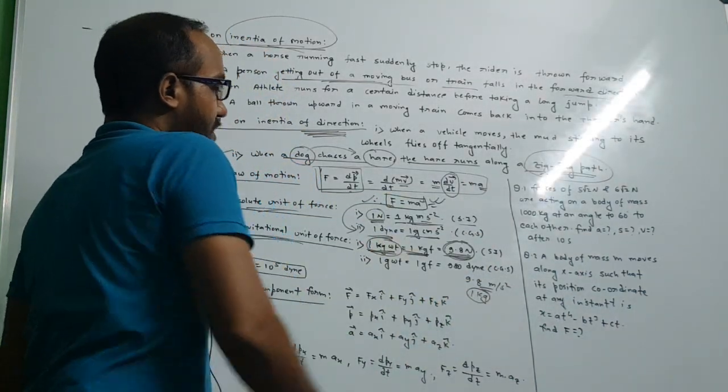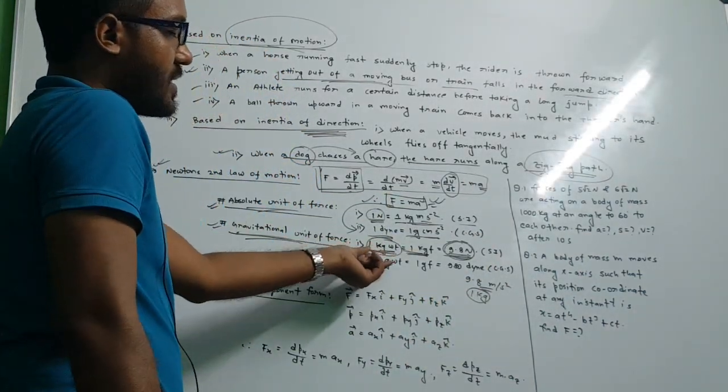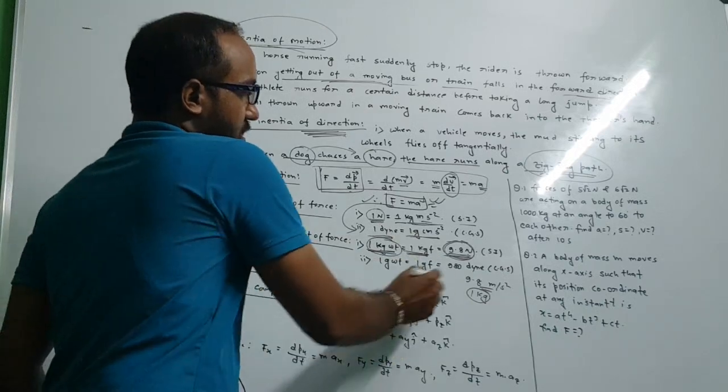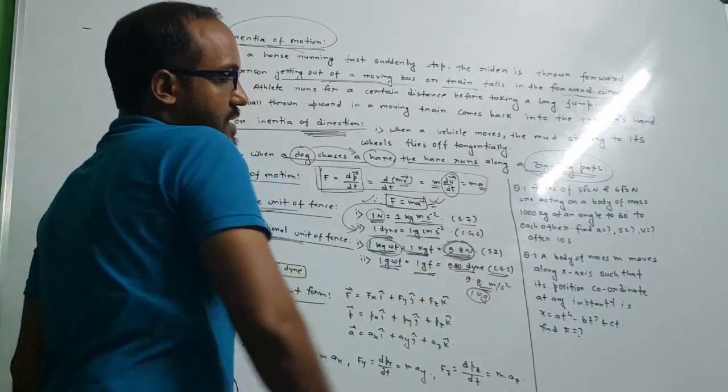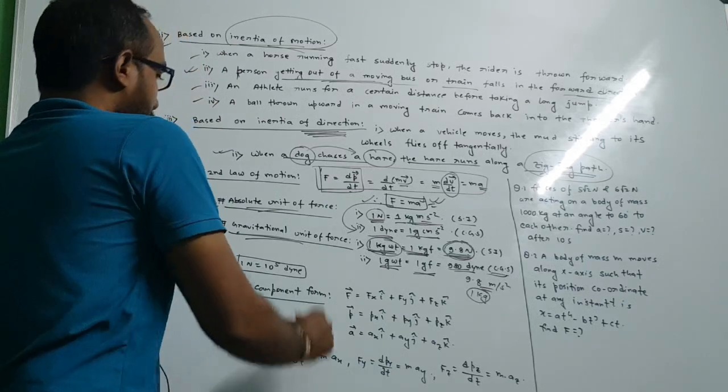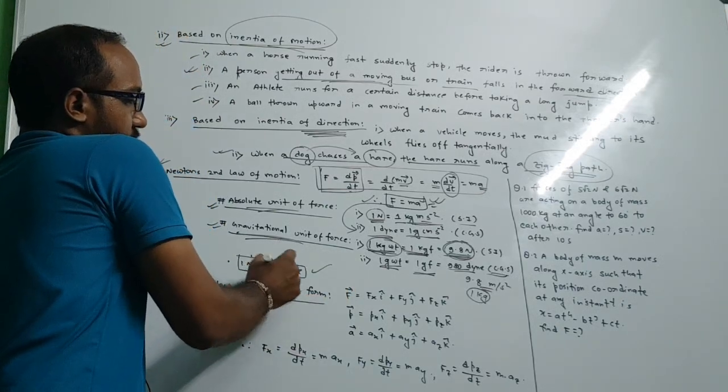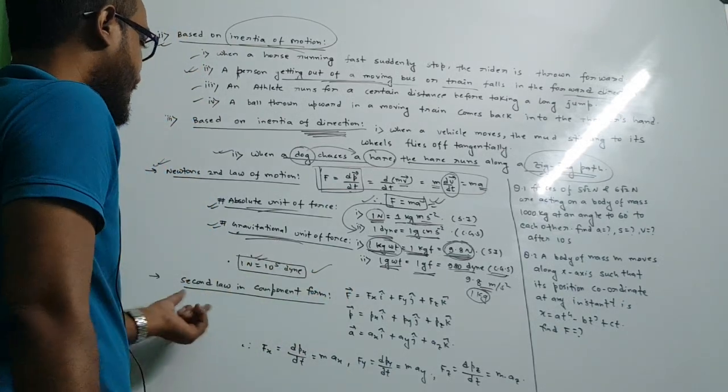So this is the gravitational unit, 1 kg weight or 1 kilogram force. In CGS, this is 1 gram weight or 1 gram force, which is 980 dyne. Remember this relation: 1 Newton equals 10 to the power 5 dyne.